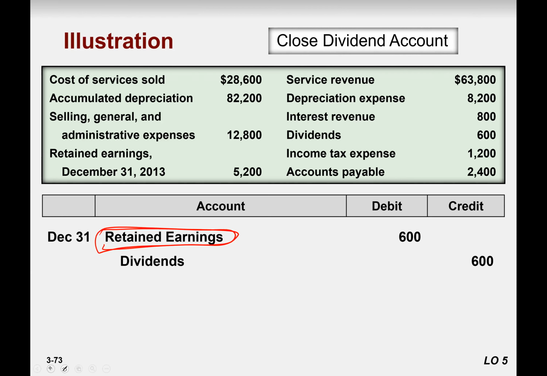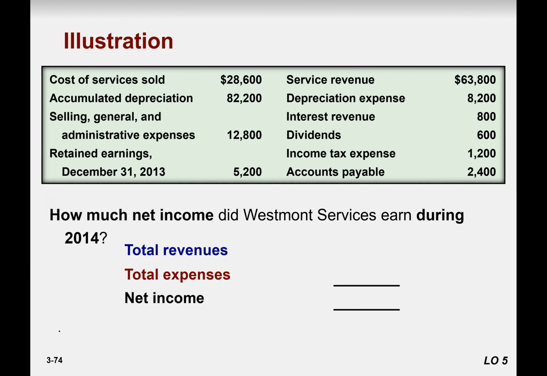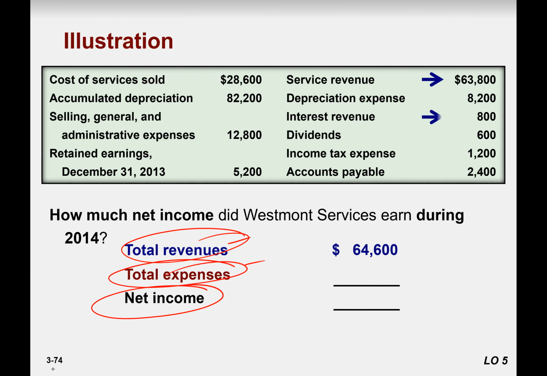So here we go. We have the beginning balance, right? So we start from beginning balance. Okay. What is the net income? Total revenue minus total expenses. We know that total revenue is the addition of this and this one, and expenses are the addition of all these, right?